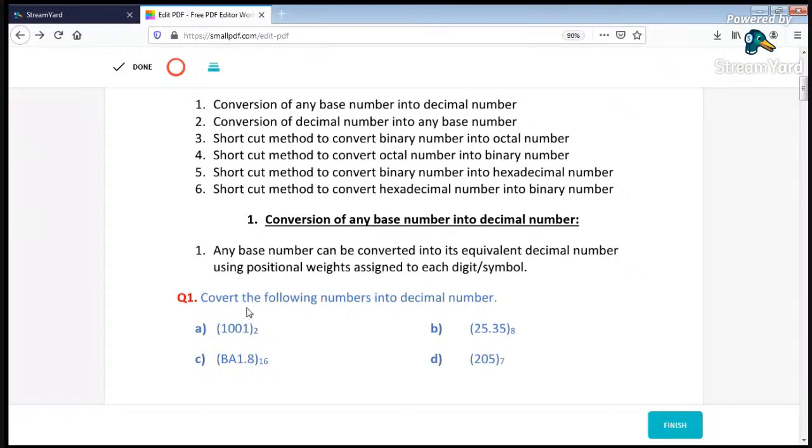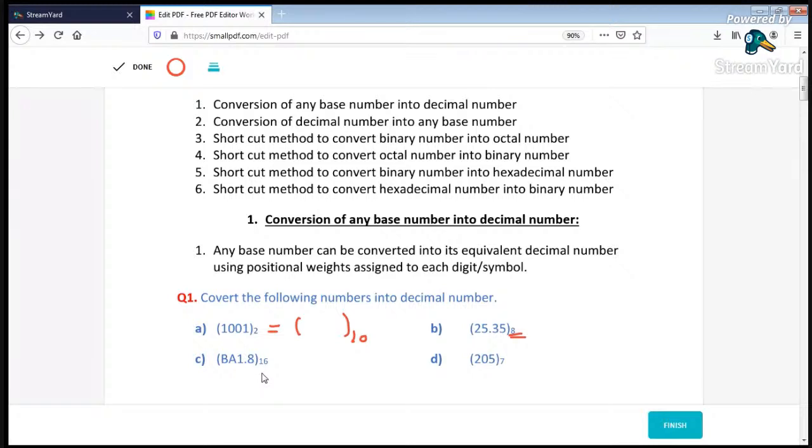The first problem is: convert the following numbers into decimal numbers. The first part is 1001, and this is base 2, which means this is a binary number. So this binary number has to be converted into decimal. The second problem is given in octal form, so it becomes an octal to decimal conversion.